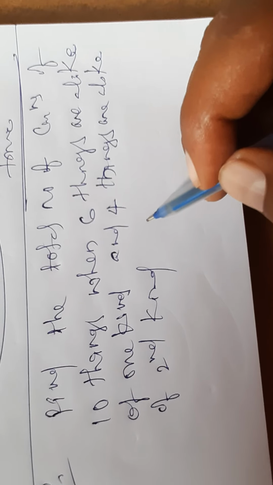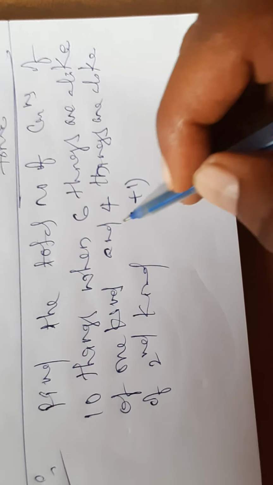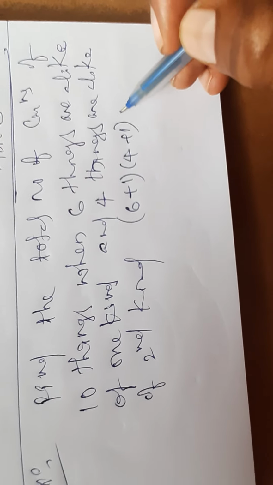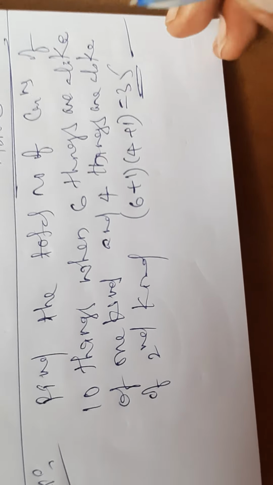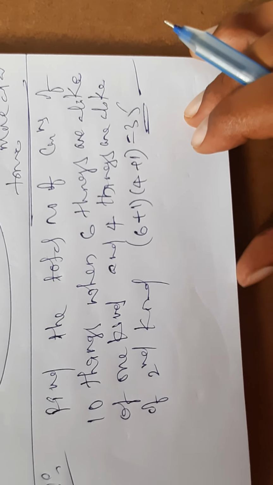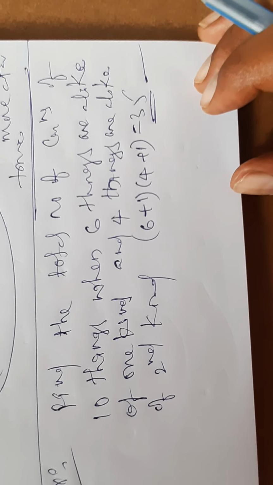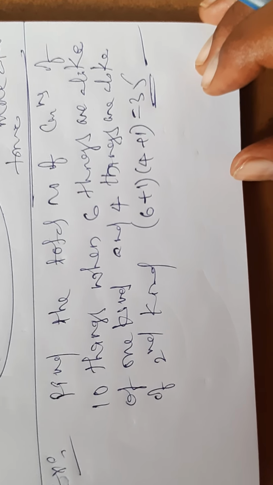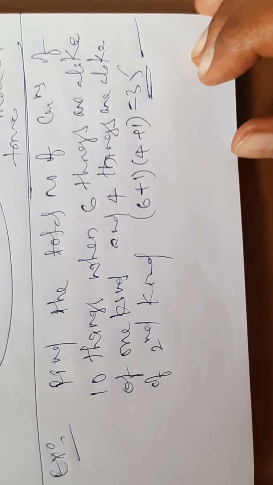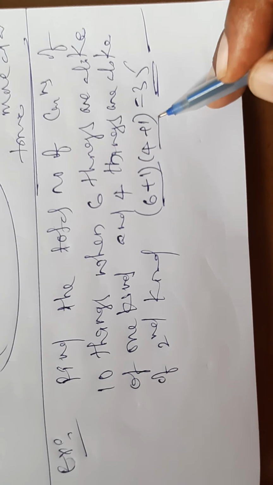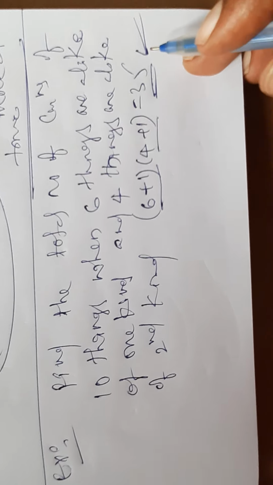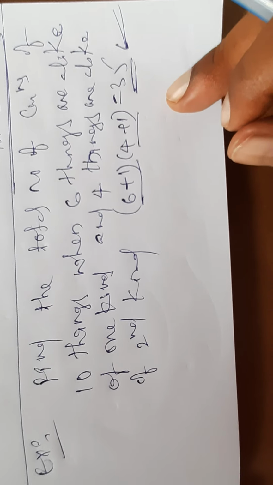What will be the answer? It will be 6 plus 1 into 4 plus 1, which is equal to 35. Like this. Find the total number of combinations of 10 things when 6 things are alike of one kind and 4 things are alike of the second kind. The answer is 6 plus 1 into 4 plus 1, which is equal to 35. Like this we can proceed.